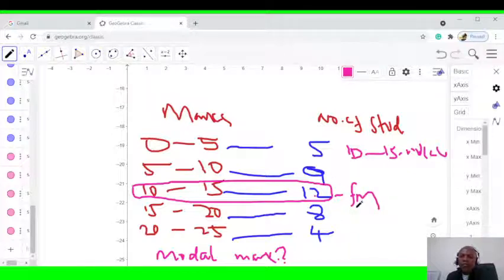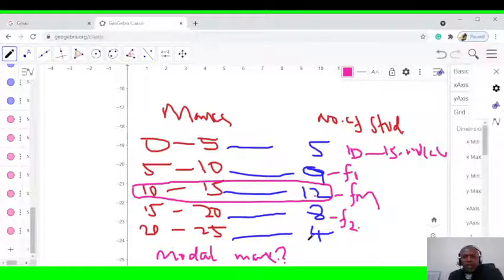Now the frequency preceding, coming before this, is 9, and this will be called F1. Why F1? Because it is coming before the frequency of the modal class. Then we said F2 is the frequency proceeding, or after, the modal class, so this will be our F2.